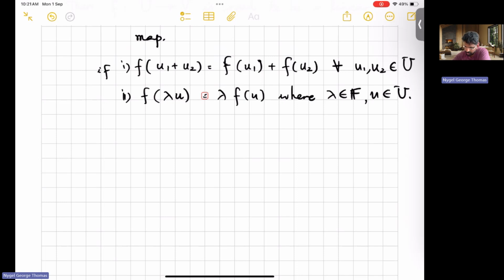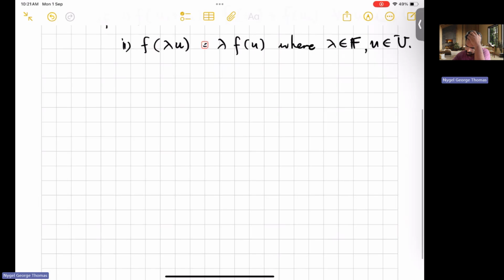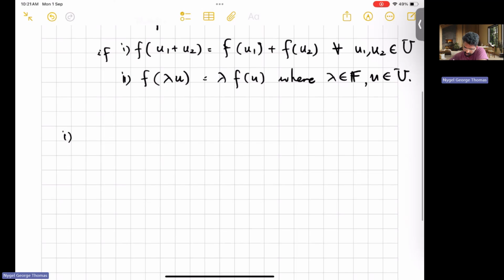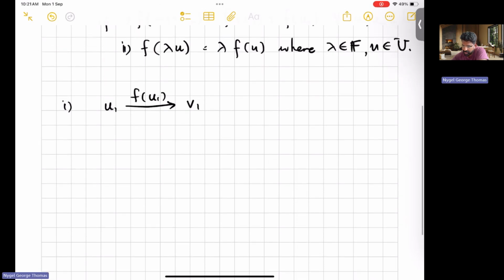So let's look at it in a bit more detail to understand what it is. What does the first thing mean? You have a function which maps. You have a vector U1 and it is getting transformed to some V1 by applying this function over it, which is basically f of U1.